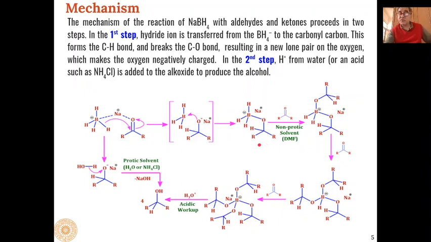Because no proton is available to the intermediate, it will react with another molecule of the carbonyl compound, and one hydride from here will be shifted to another molecule.